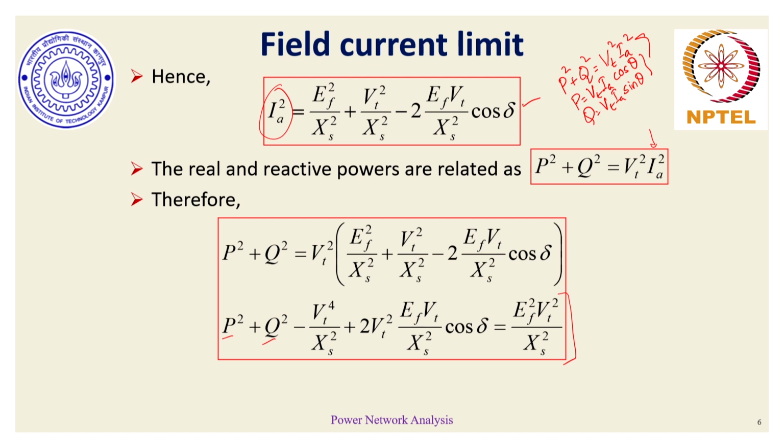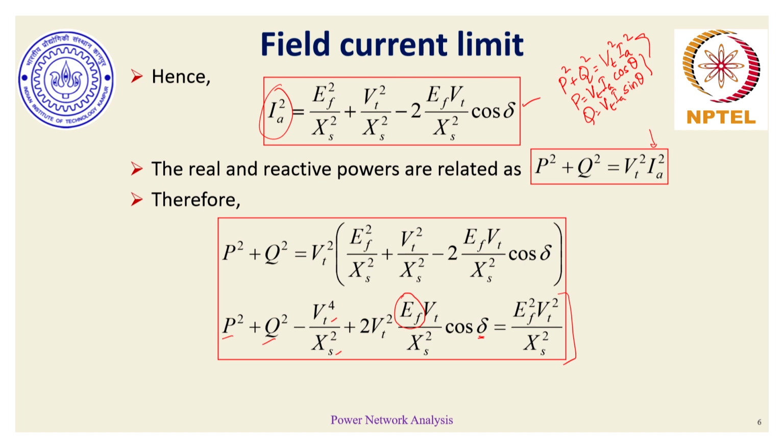The third term is also okay because Vt is fixed and synchronous reactance is known. The fourth term on the left hand side is a troublesome term, because with change in the excitation current, it is not just the induced EMF that will change. The corresponding torque angle can also change.